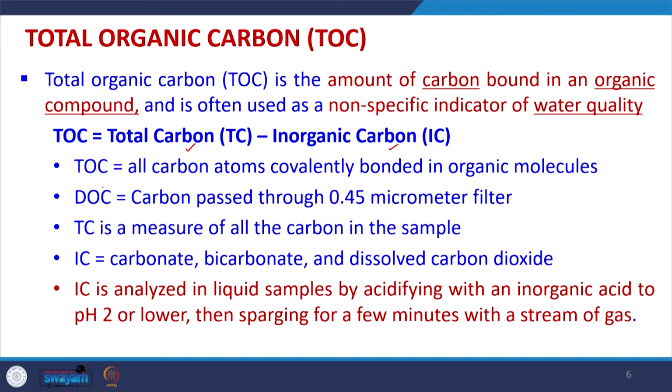In TOC we want to estimate all the carbon atoms which are covalently bonded in the organic molecules, and for determining the dissolved organic carbon we pass the water sample through a 0.45 micrometer filter, and whatever passes through we call dissolved organic matter. In that we can find out all the carbon in the sample, which is TC, and then we can also find out the carbonate, bicarbonate and dissolved carbon dioxide, which is called inorganic carbon.